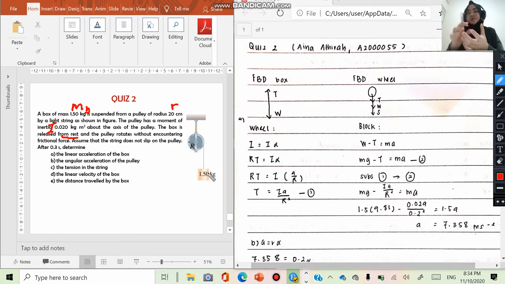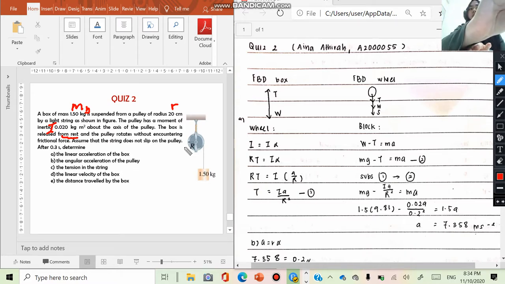Bila box terjatuh ke bawah, pulley pun akan rotate. Without encountering frictional force, no need to bother about the f kecil. Assume that the string does not slip on the pulley, dia tidak tergelincir lah. Just nice je pulley itu boleh rotate.